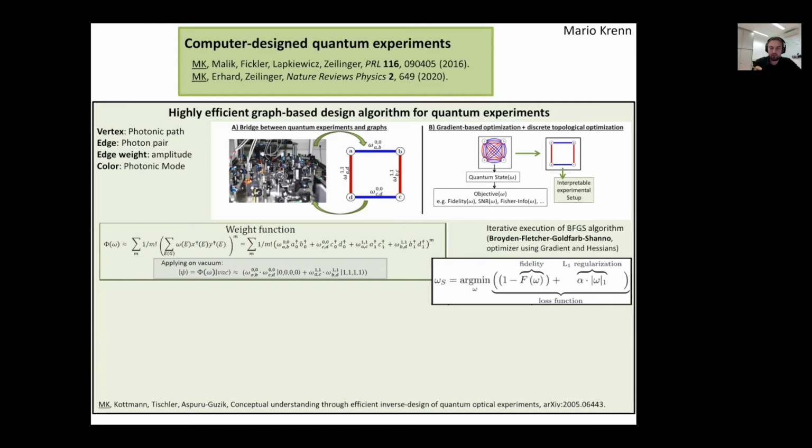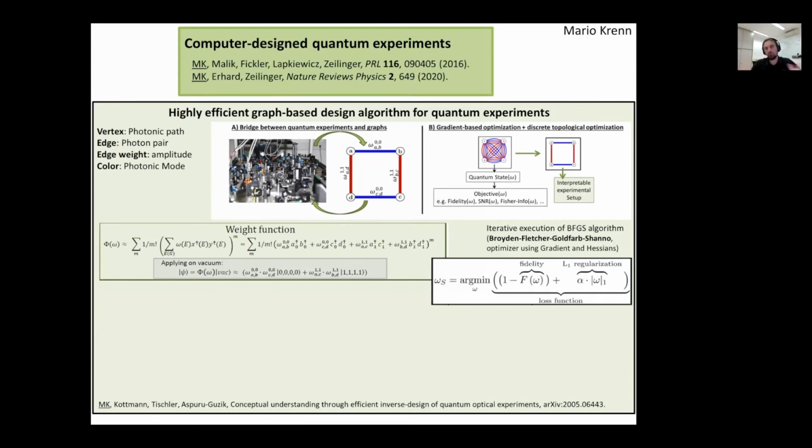But we can not only optimize the weights of the graph, we can actually optimize the topology of the graph. And we do so by running the optimization, finding the weight configuration, and removing the smallest weights, and then restarting the parametric optimization.